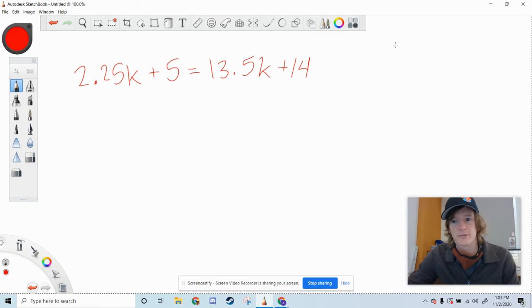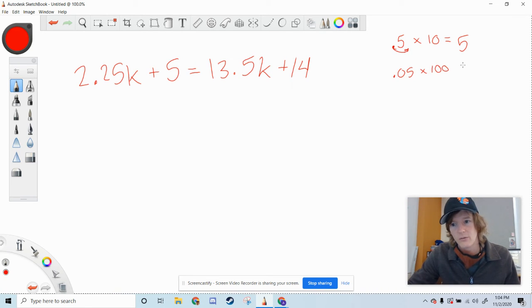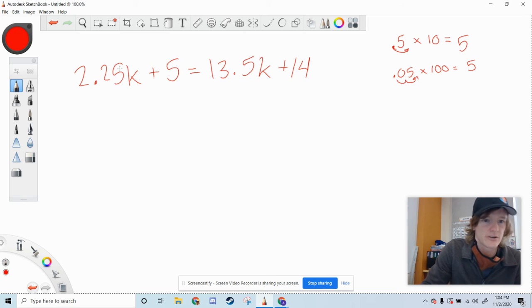And I'm going to show you what we're going to do. Like if I have the number 0.5 and I do times 10, well, that equals 5 because we move our decimal 1 time to the right. If I have the number 0.05 times 100, that's also going to be 5 because I move the decimal 2 times to the right. I see that I have hundredths place in this term right here.